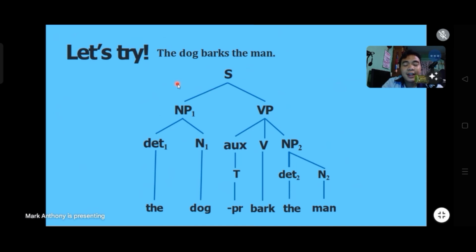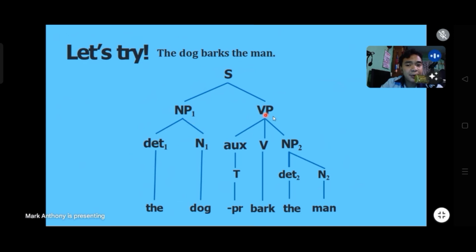So again, here's an example of the verb phrase, in which the sentence is divided into two sub-constituents again. We have the first noun phrase and then the verb phrase. The first noun phrase is divided into two sub-constituents, the determiner, the word the, and the noun, dog, which again is the first noun phrase.